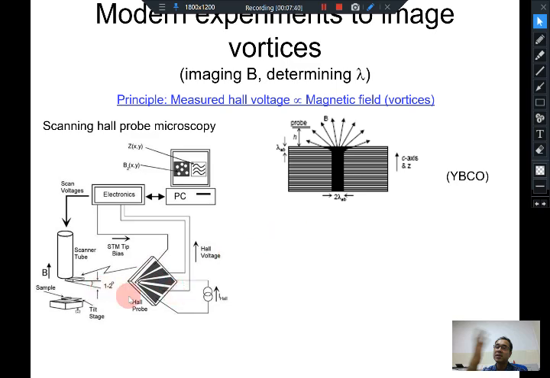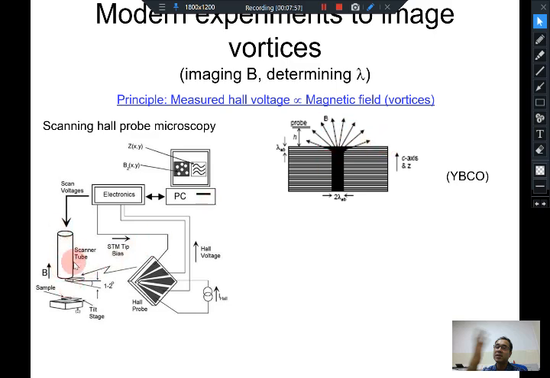If you take this Hall probe which has a Hall sensor at the tip of it, and you scan it over the surface of the superconductor, then whenever it is in the vicinity of a vortex, you will get a Hall voltage. And if it is far away from the vortex, there will be no Hall voltage.